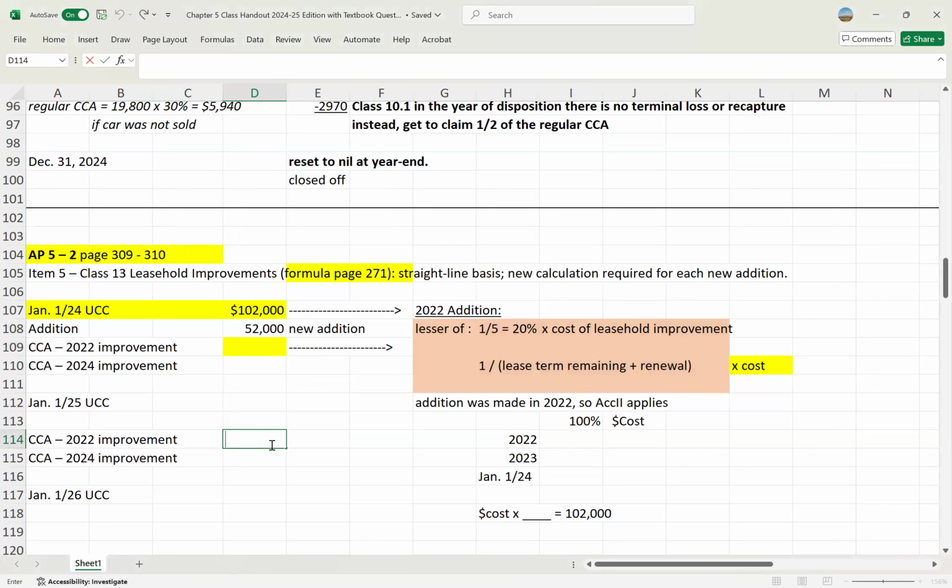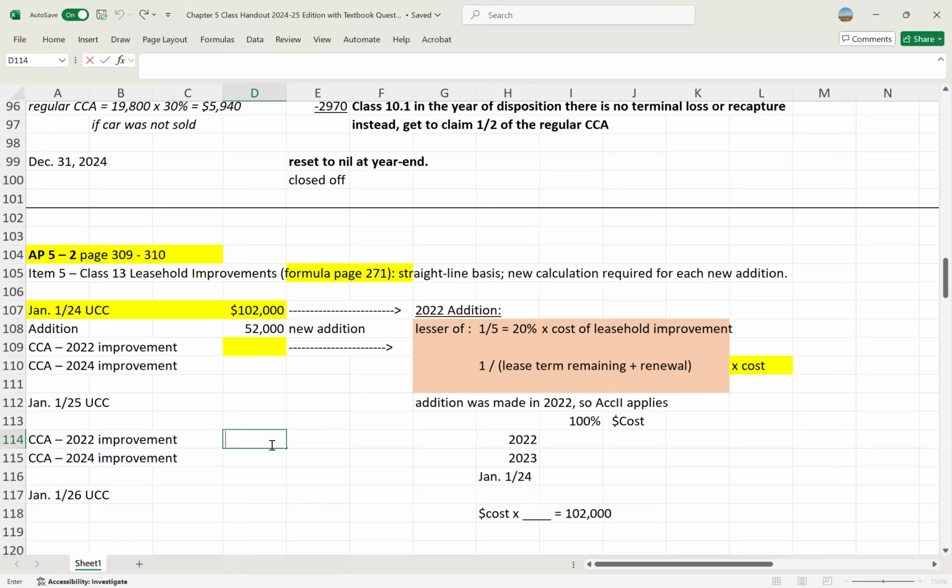Now, what is a leasehold improvement? If this company was to lease their corporate head offices, and before they decided to move in, they had to do a major renovation of the office space, that cost would be considered a leasehold improvement. Because you're doing this major renovation to office space that you're leasing, you don't own the building, but you're paying for all these major renovations.